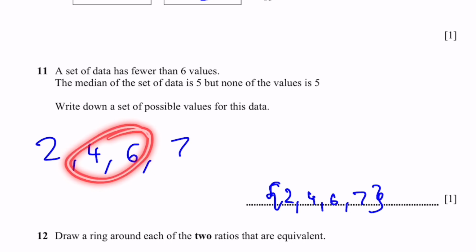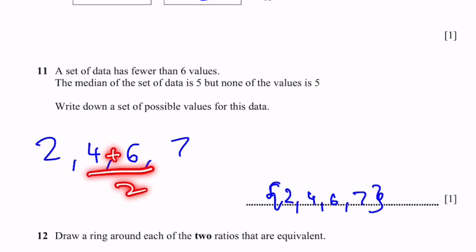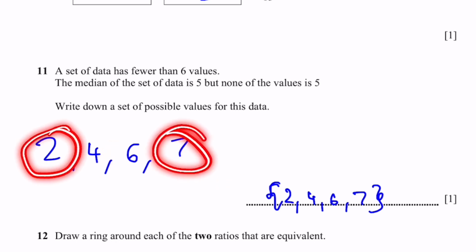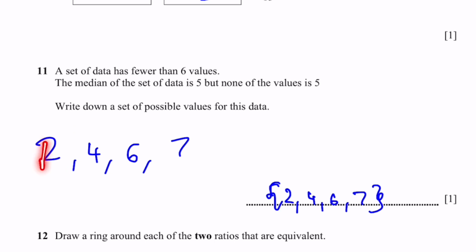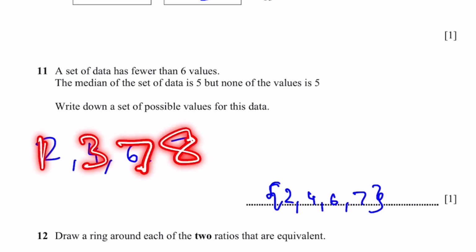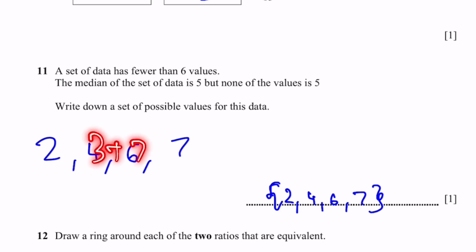When you add them and divide by 2, we get 5, or when you add them, we get 10. And they should be in between these two numbers. Now for this one, let's say this is 1 and 8. We can make this 3 and 7 if you want to, because 3 plus 7 is equal to 10. That's the answer.